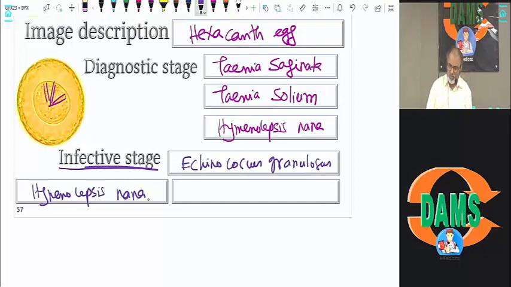Rarely, Taenia solium, eating egg, neurocysticercosis.